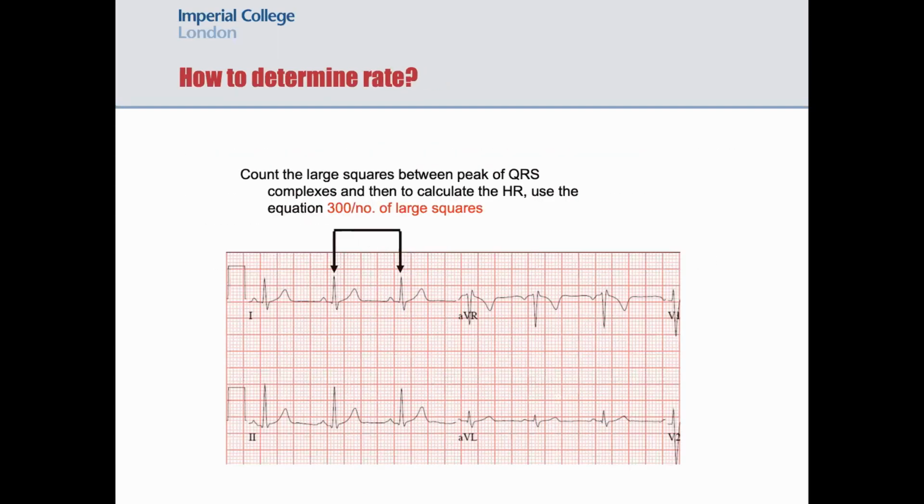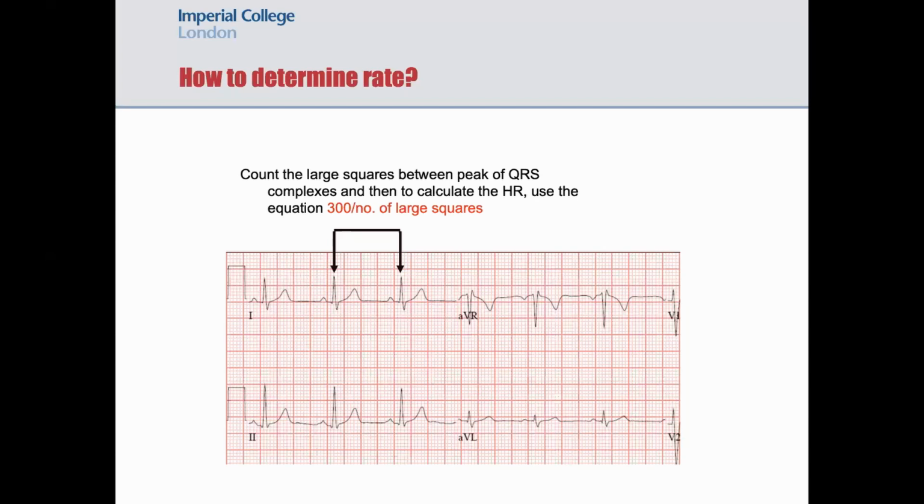However, you can have an irregular rhythm where you don't see any P waves before the QRS. You can also have an irregular sinus rhythm where you see a P wave before the QRS. In those situations, you can't use this method because the intervals will be irregular. In this case, normally at the bottom of the ECG there's a rhythm strip.